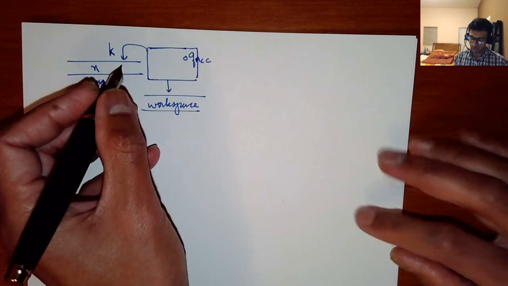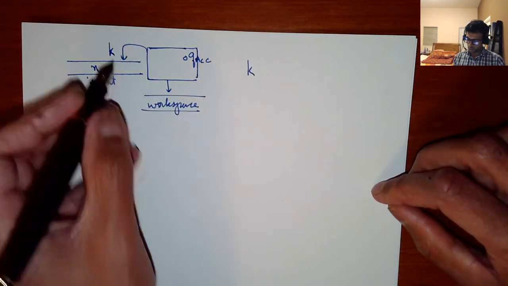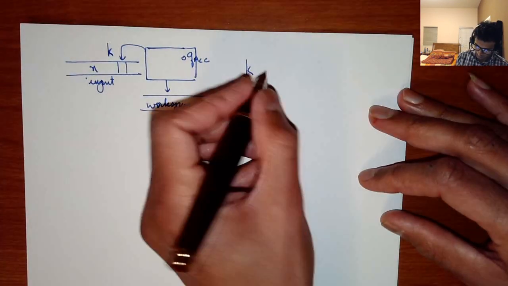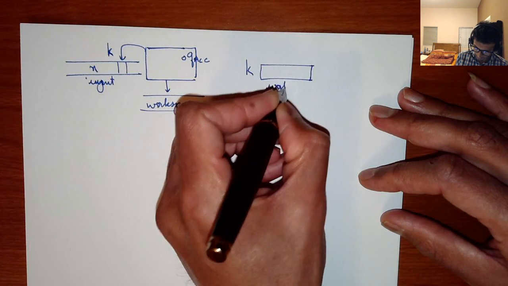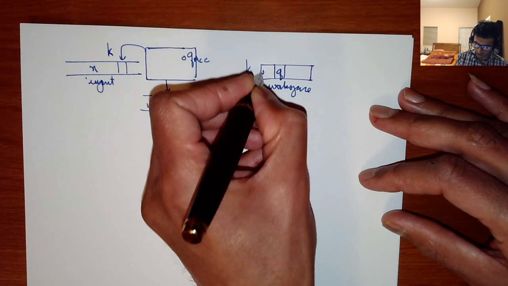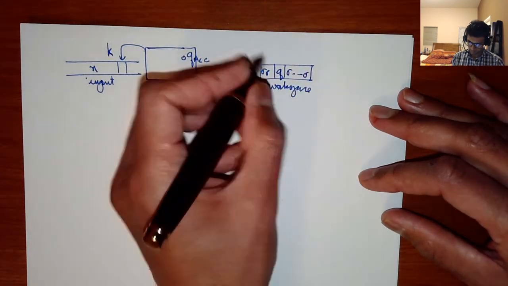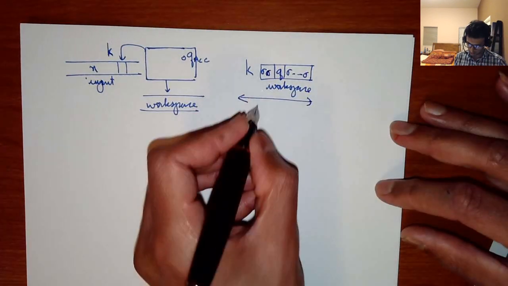How do you represent the state of the machine? You store K, because K is telling you which bit of the input is being read. Then you store the workspace with Q, as we discussed before. This stores the entire configuration. This is a configuration.